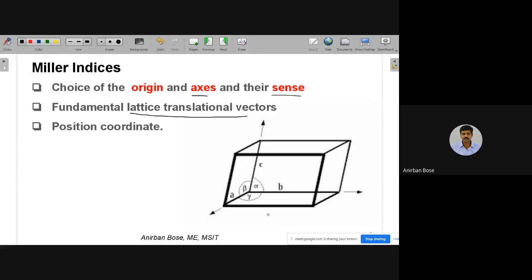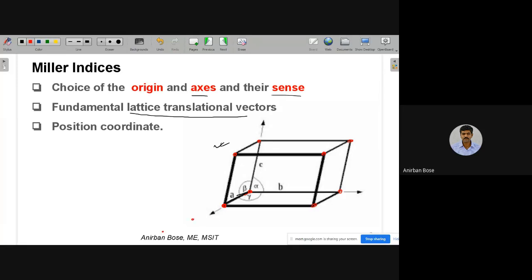Let us consider, in the figure, a particular unit cell where we have considered this length along this direction, maybe shown here in red. Here is one lattice point, and here is another lattice point. So at the different corners there are lattice points, and you have considered this kind of cell. Now you see that along this direction, that means along the A direction, this is the distance after which these lattice points are repeating.